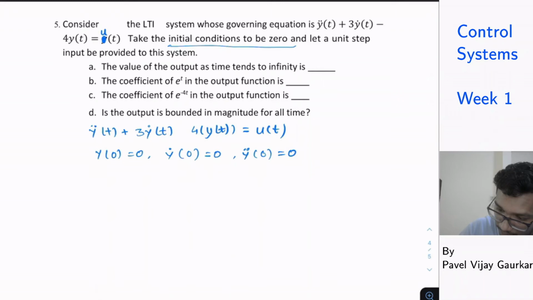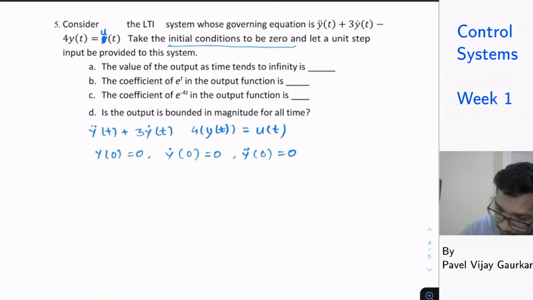So since we are taking unit step response, we'll substitute u of s equals 1 by s. So s square plus 3s minus 4. So we can write s plus 4 and s minus 1.